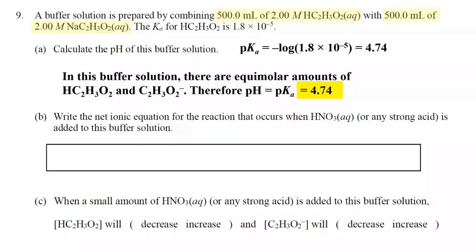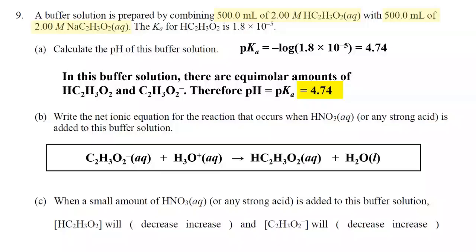Since we're adding a strong acid to this buffer, then we need an acid-base reaction to occur. So it's going to be the weak base, the acetate ion, reacting with either H plus or the hydronium ion, which comes from the strong acid. So when the acetate reacts with the hydronium ion, it would produce acetic acid as well as water.